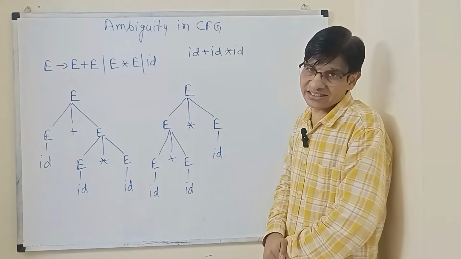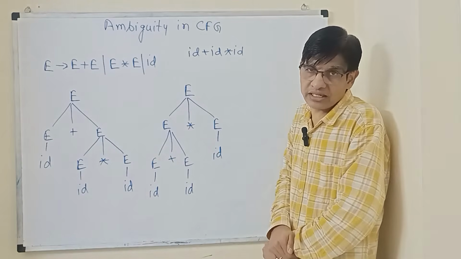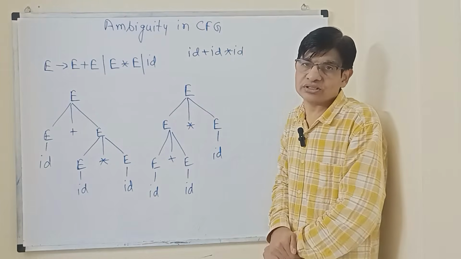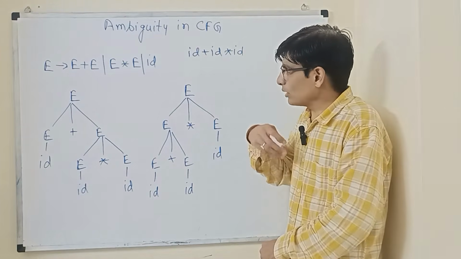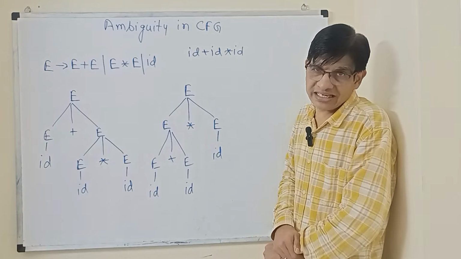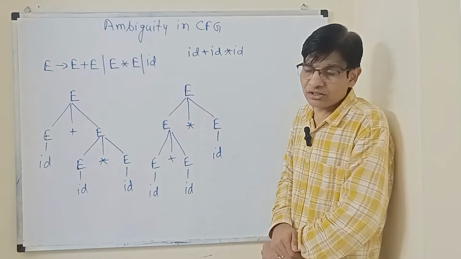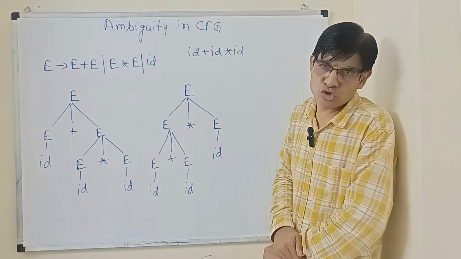Now the question is: is it possible to convert any ambiguous grammar into unambiguous grammar? Yes, it is possible. But again one question: can all ambiguous grammars be converted to an equivalent unambiguous grammar? No, all grammars cannot be converted.